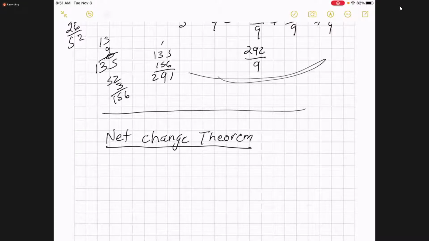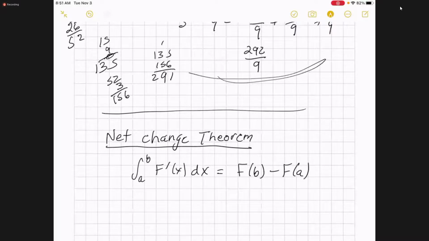It says the definite integral from a to b of f prime of x dx, the antiderivative of a derivative, by the second part of the fundamental theorem, is f of b minus f of a.